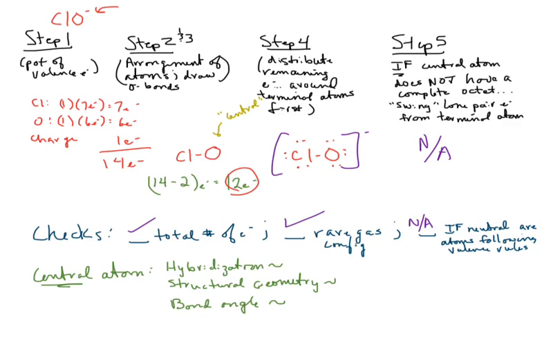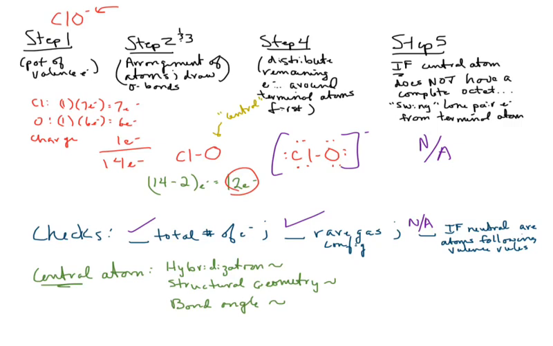Just for kicks, if we look at the expected valence of chlorine in neutral molecules, it's 1. We look at the expected valence of an oxygen atom in a neutral molecule, and it's 2. But that's okay because it's not a neutral molecule.